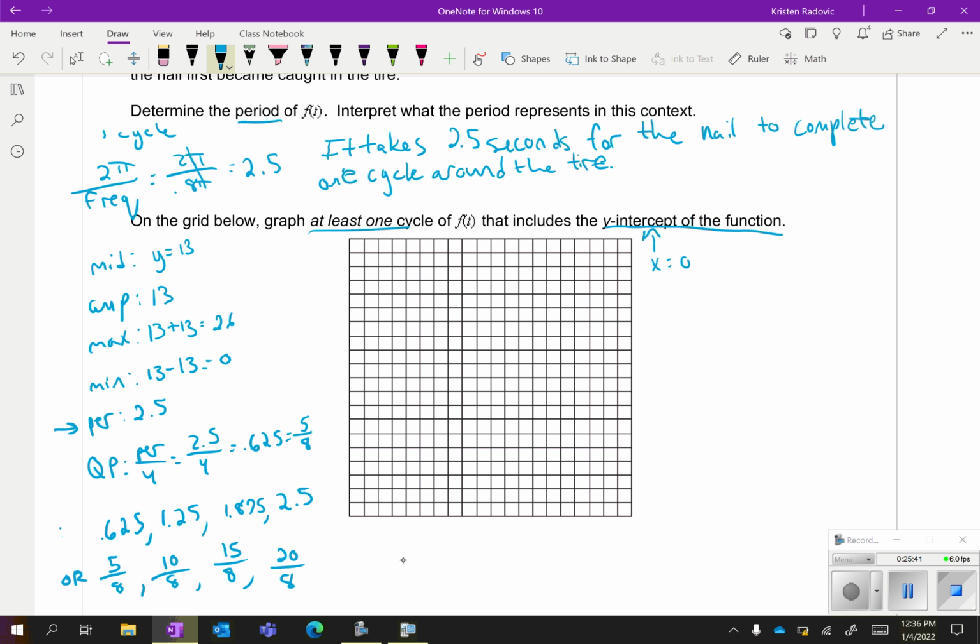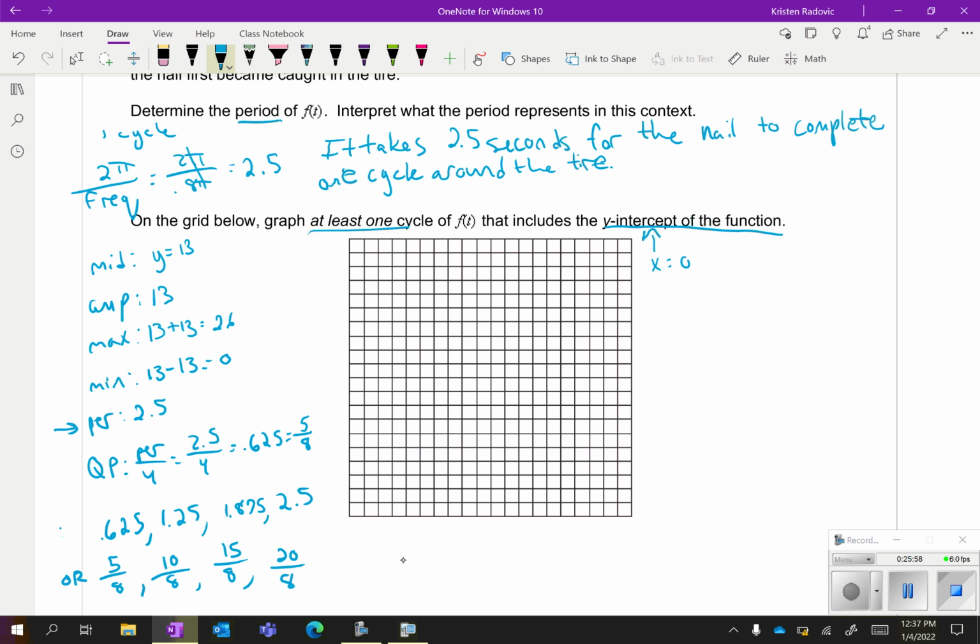And 20 divided by 8 is 2.5. So you can choose to do this in decimals or fractions. I'm personally going to stick with the fractions because they're smaller to write when labeling your axes.